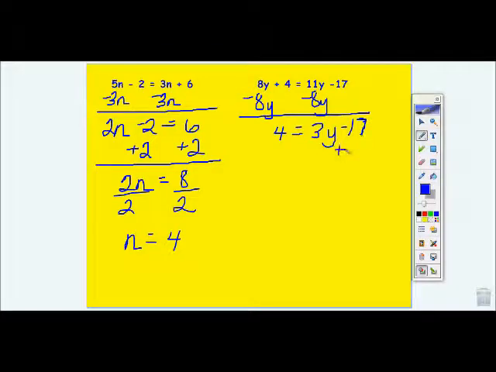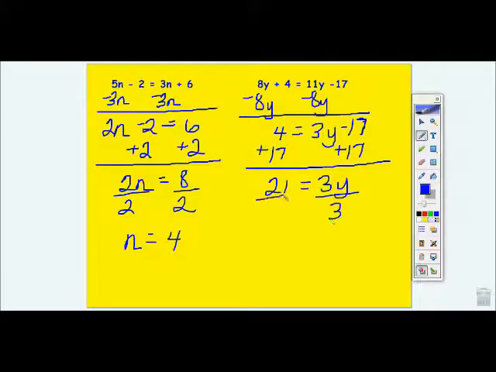I'm going to add 17 to both sides. Big equal sign again there, showing that I'm doing some computation. 4 plus 17 equals 21. 21 equals 3y. Divide both sides by 3, and I'm going to get 7 equals y, or y equals 7.